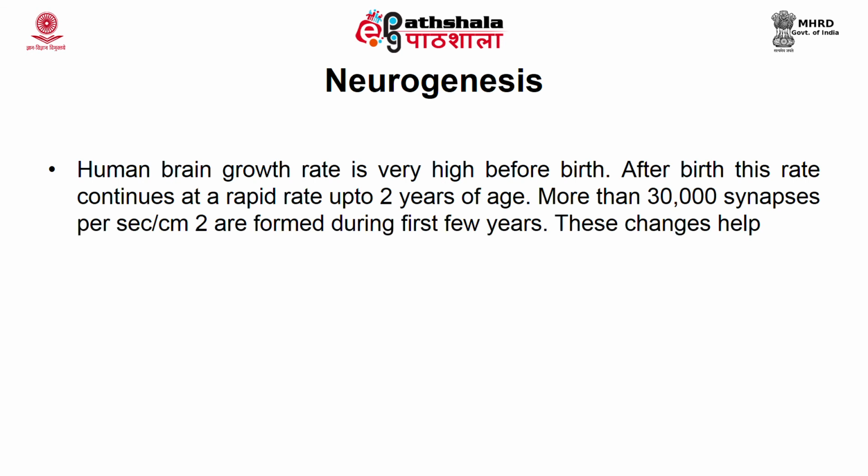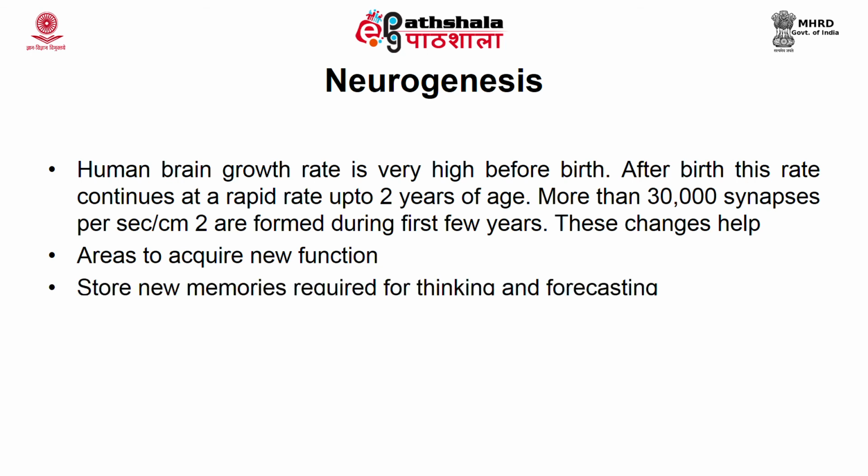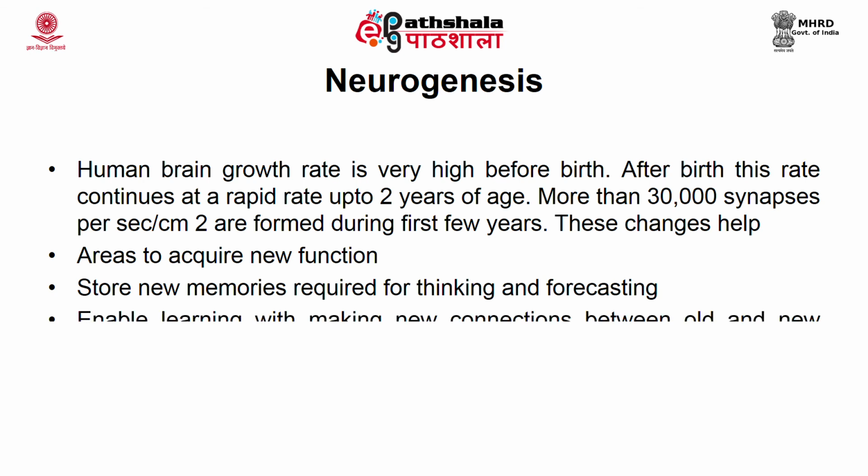Now, these changes help to form areas which will give new function. They help to form new memories which are required for thinking and forecasting. They also enable learning as new connections are made between old and new neurons.